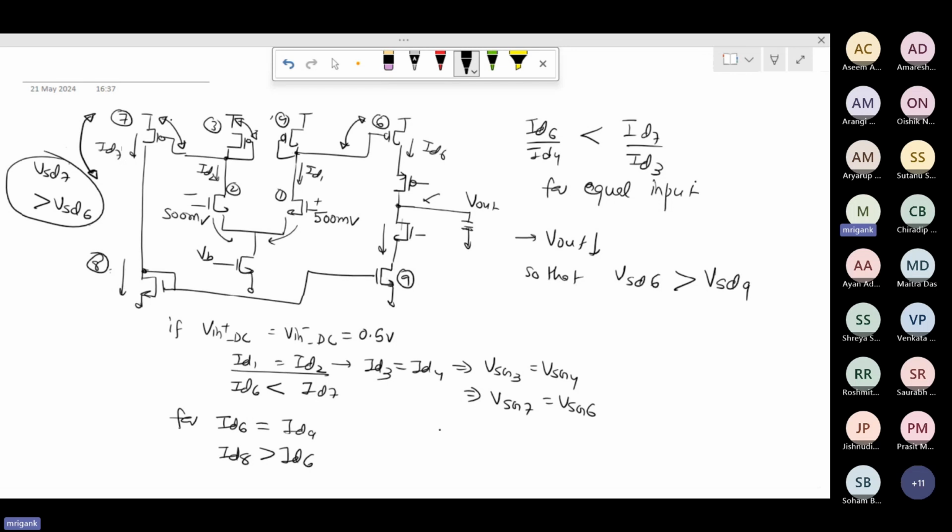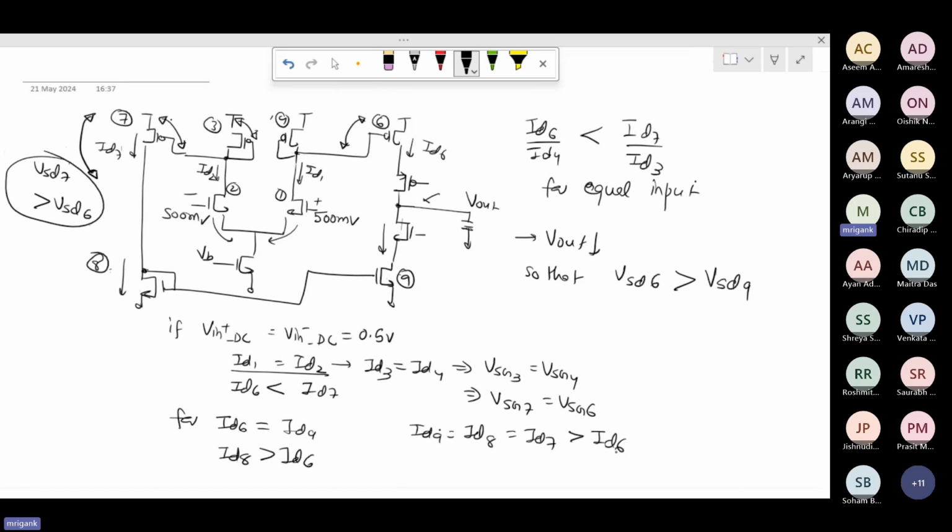And then ID9 is mirroring ID8, so ID9 will be almost similar to ID8. Now if I assume that M9 is in saturation, just like M8, then ID9 will be equal to ID8, and ID9 will be significantly bigger than ID6, because ID8 is equal to ID7, which is greater than ID6 as we discussed.